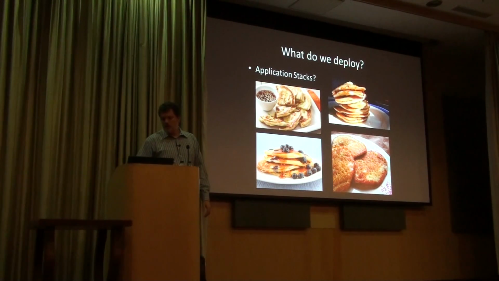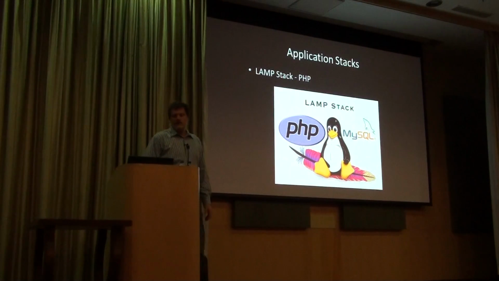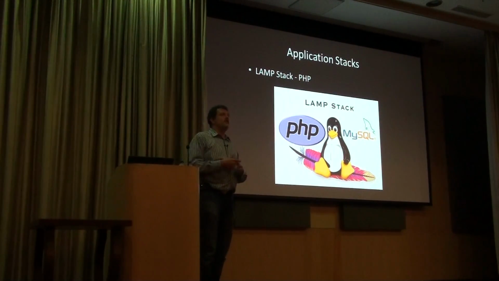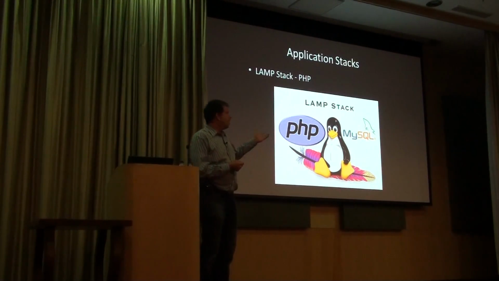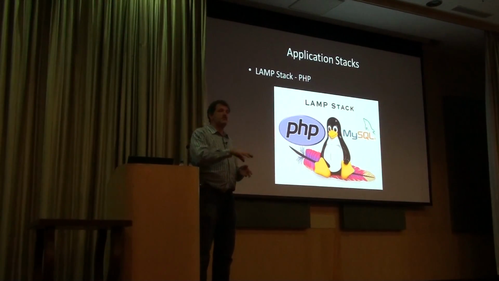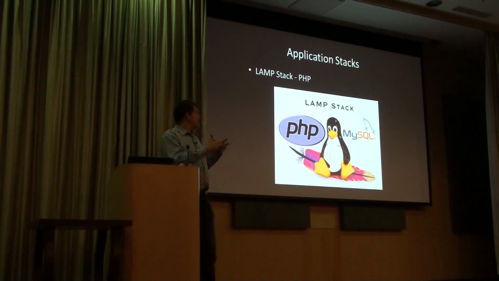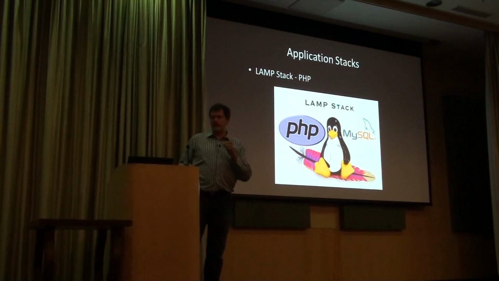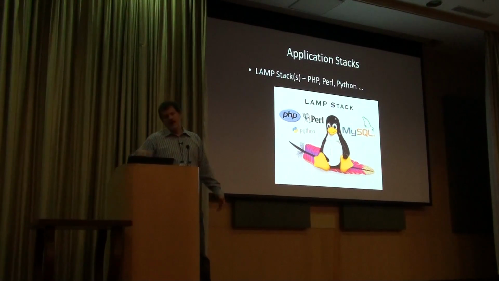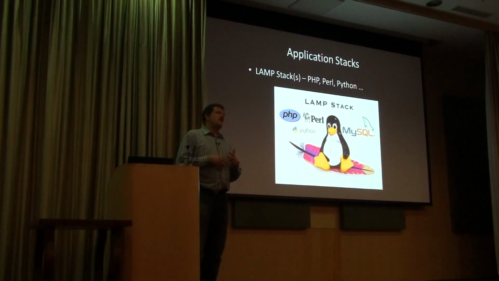For example, if you've got the traditional LAMP stack that we've known about for so long, you've got PHP, you've got MySQL. Of course, it's running on a Linux server, and you're using Apache. Okay, that's kind of like one stack that you might need to deploy. And of course, your LAMP stack doesn't just depend on PHP.